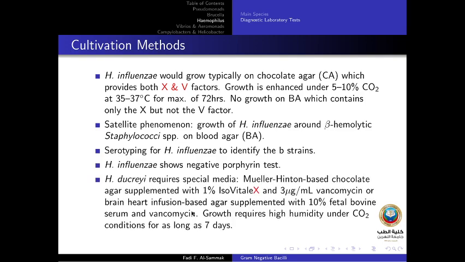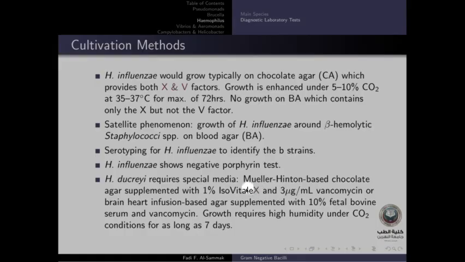For H. ducreyi, they require special media, and they require only the presence of the X factor. So it can be grown on Müller-Hinton based chocolate agar supplemented with 1% X factor, plus the vancomycin, and brain heart infusion based agar supplemented with 10% fetal bovine serum and vancomycin.